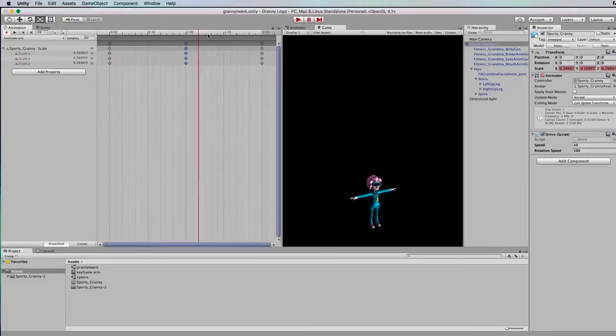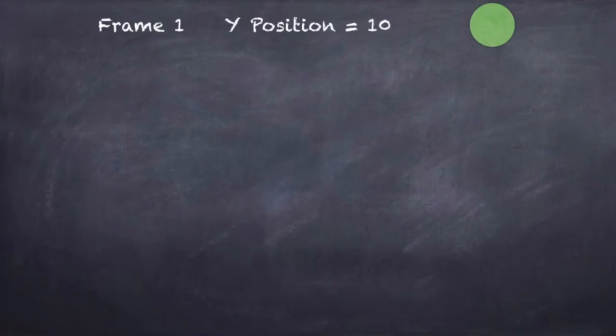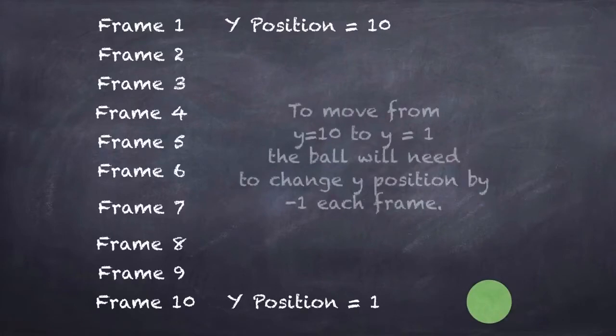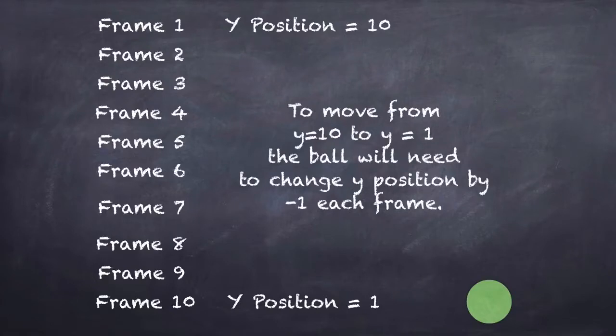For example, let's say that we have a ball at position y equals 10 in frame 1. We set this as a keyframe. Then we want the ball to be at position y equals 1 in frame 10. So we set another keyframe. The computer then calculates how much the ball needs to move between y equals 10 and y equals 1 over the number of frames between.